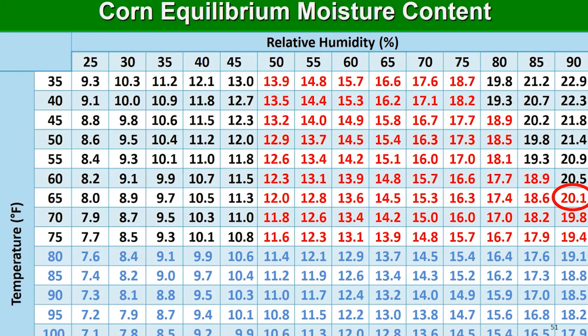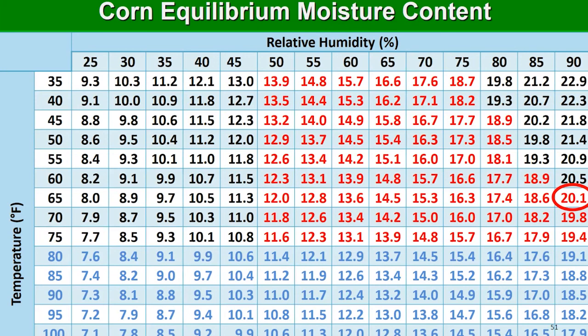So now, what I want to get from here, if you do the aeration, you harvested your material, you transport it to a bin, to a storage, and you start aeration, you are at 20.1% moisture content.